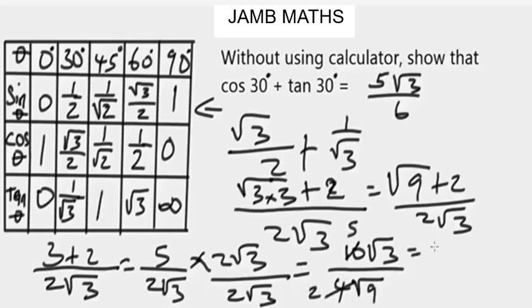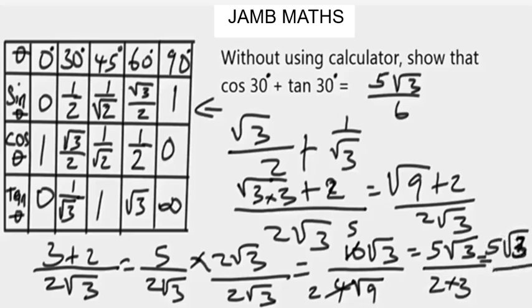So we'll be left with 5 root 3 over 2 root 9. Now the square root of 9 is 3, so this gives us 2 times 3. So our final result will be 5 root 3 over 2 times 3, which gives us 6.